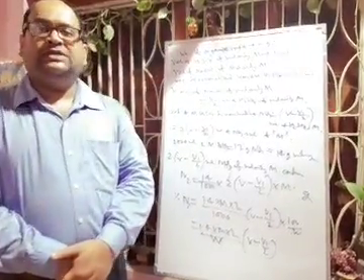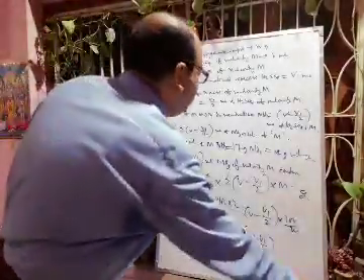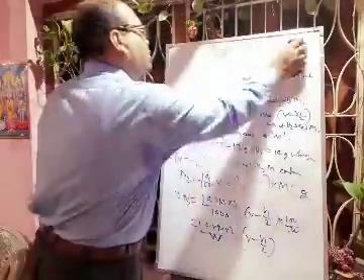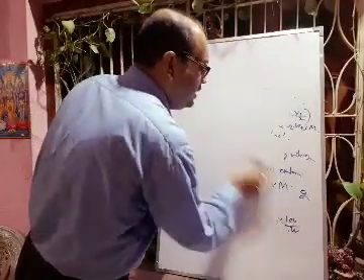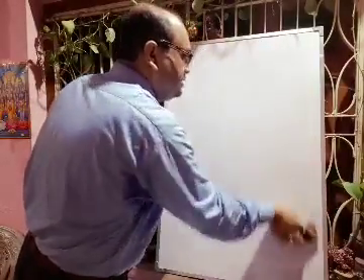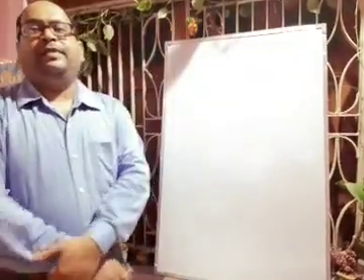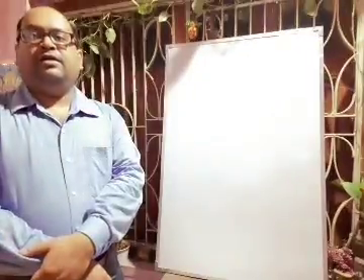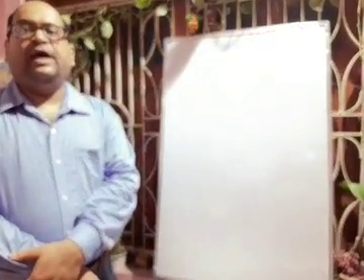Next we will discuss the estimation of halogen. Here we first have to convert the halogen: whatever organic compound is present, you have to heat it with fuming nitric acid, in the presence of silver nitrate.